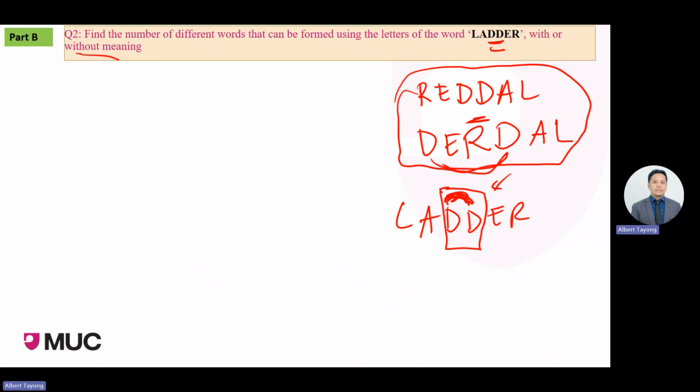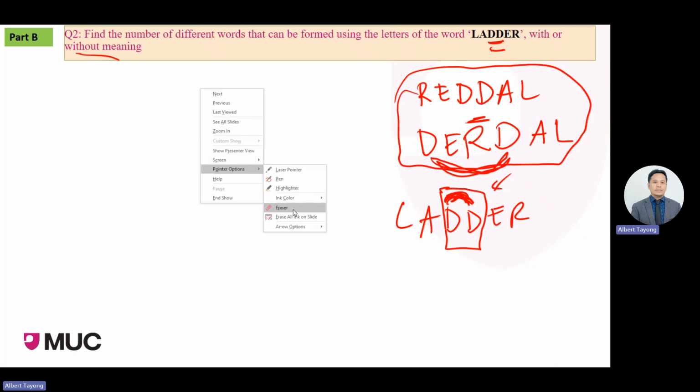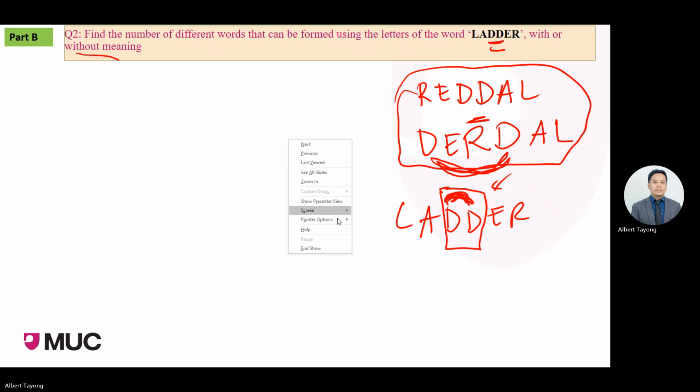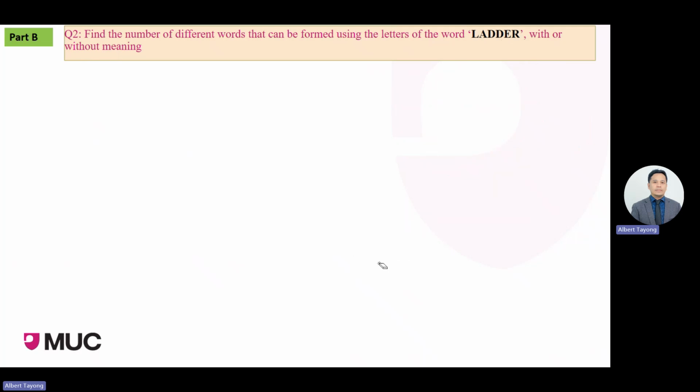Unlike this one where we separated the first D and the second D, it created a different word. But if they are actually beside each other, it doesn't create a different word. So for that, it has a reduction in terms of the meaning. I mean, in terms of the total count.